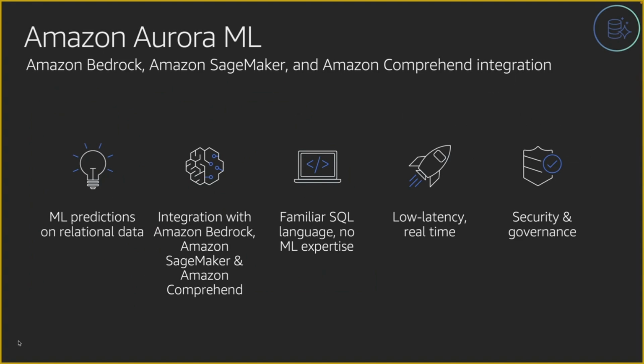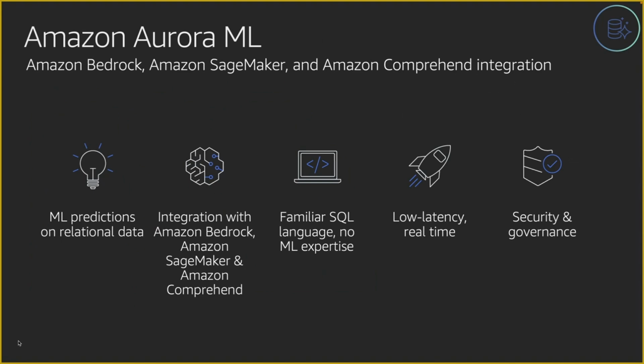Aurora ML is kind of the key, the glue that matches up Aurora Postgres with Bedrock. It makes it simple to integrate your SQL code and SQL data with machine learning, whether it be Amazon Bedrock, SageMaker, or Comprehend.